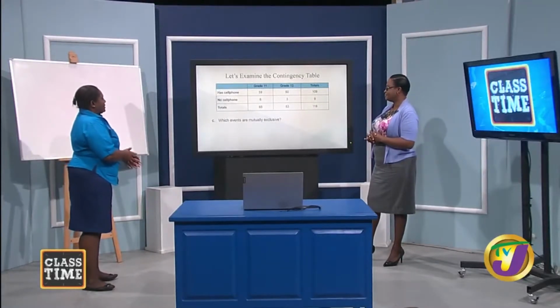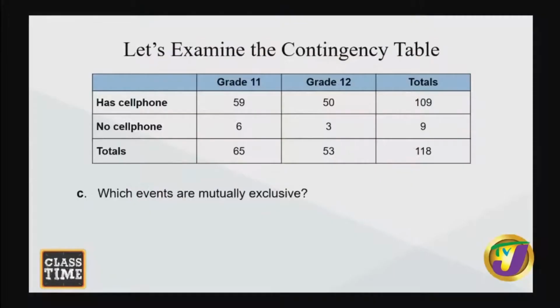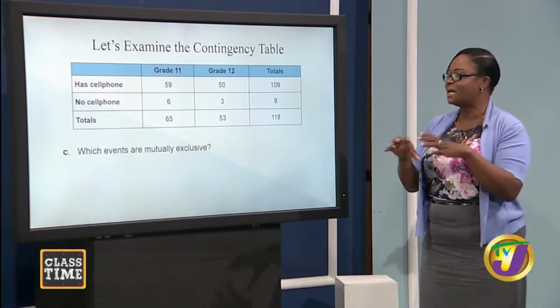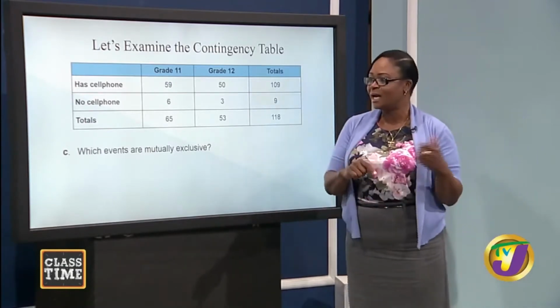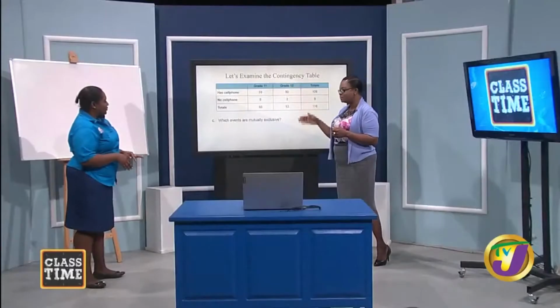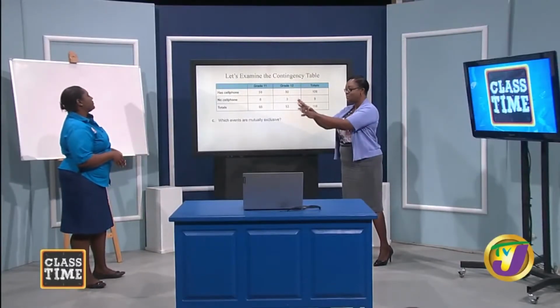Let's examine the contingency table. It's the same question, but then part C. Which events are mutually exclusive? Remembering that mutually exclusive events cannot happen at the same time. As we had discussed earlier, you cannot be in grade 11 and grade 12 at the same time. So that's mutually exclusive.